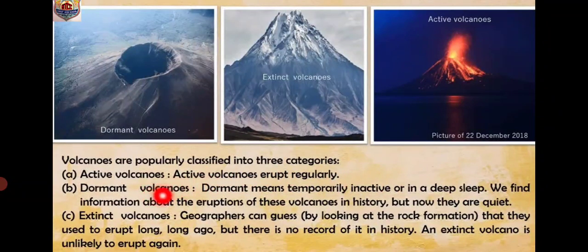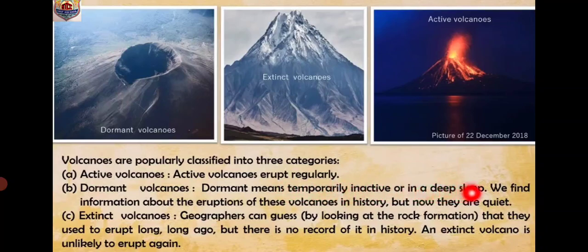We find information about the eruptions of these dormant volcanoes in history, but now they are quiet. Extinct volcanoes: geographers can guess by looking at the rock formation that they used to erupt long ago, but there is no record of it in history.